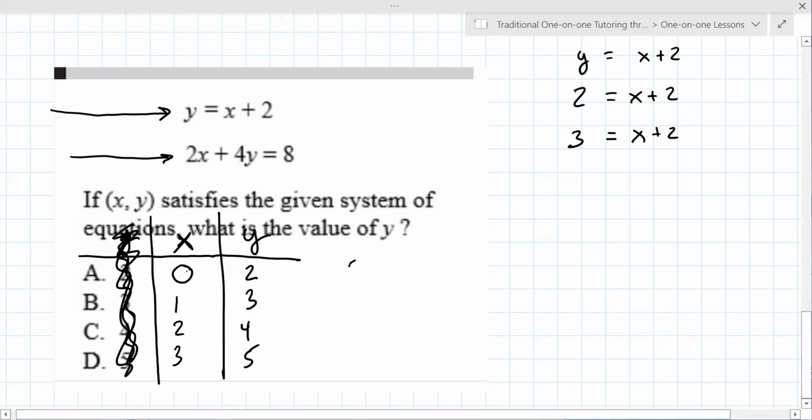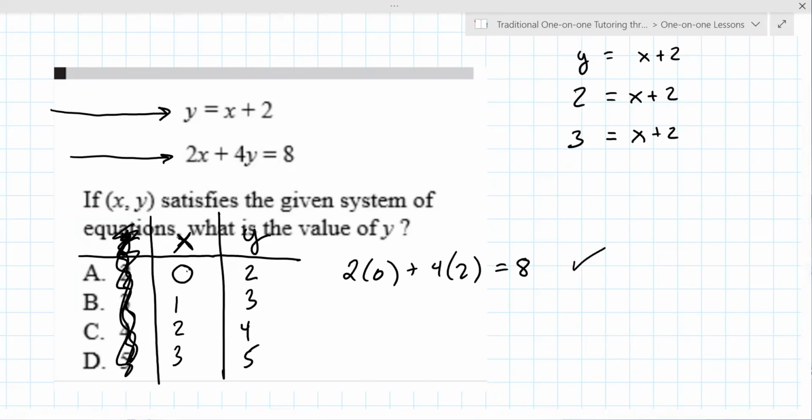Okay, so 2 times 0 plus 4 times 2 equals 8. Yeah. 2 times 0 is 0. 4 times 2 is 8. 8 plus 0 is 8. Correct. Good. All right, let's look at another problem here.